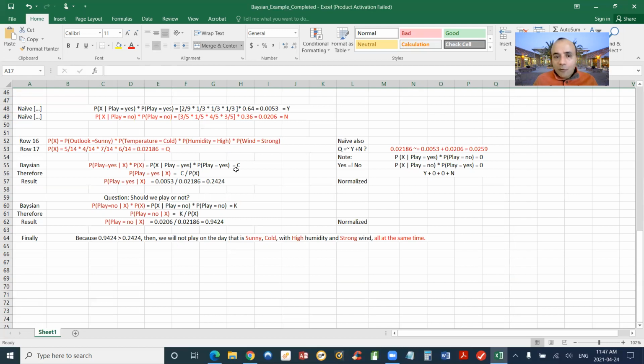So it's equal to the constant divided by px. We also call this a normalization. So what's the probability that the whole of x happens, and then I play? It's going to be the C divided by this constant px, and I'm going to say 0.2424.